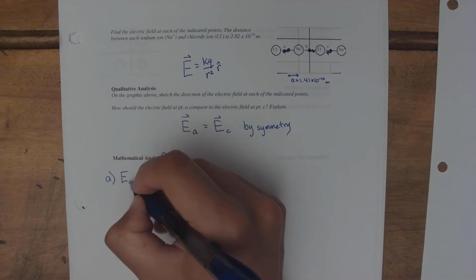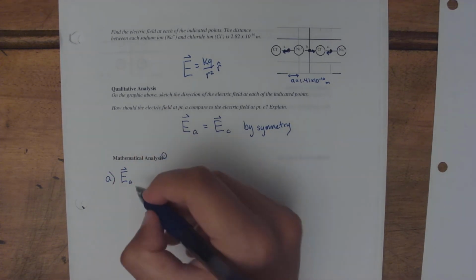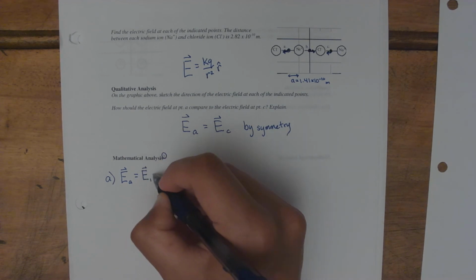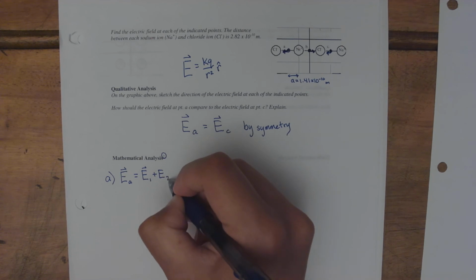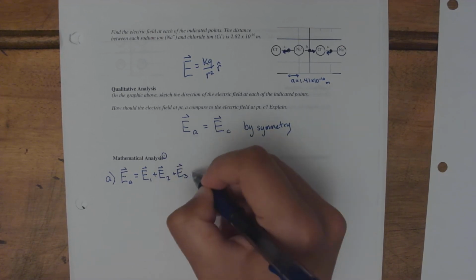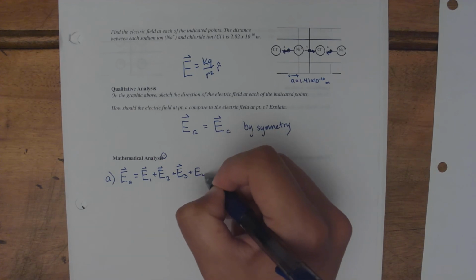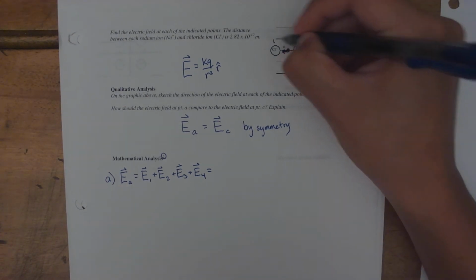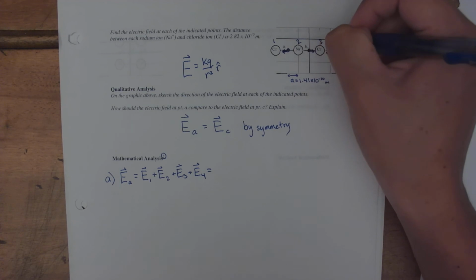Let's call this electric field A because it's for point A. That's equal to the electric field from charge 1 plus the electric field from charge 2 plus the electric field from charge 3 plus the electric field from charge 4. I could write all of those out separately, but I'm going to try and solve it all in one line. Okay, so I start off, this is charge 1, 2, 3, 4.